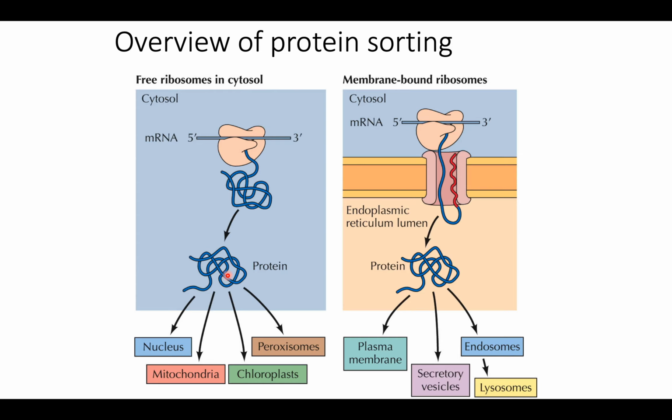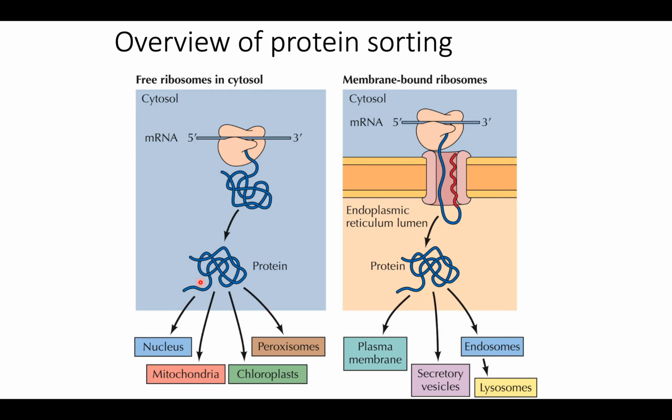So cytosolic proteins can be put into the peroxisomes, our mitochondria and chloroplasts, or they might get put into the nucleus. Okay, so that's if we have ribosomes out in the cytosol, they're translating these proteins, this is where they're going to end up.